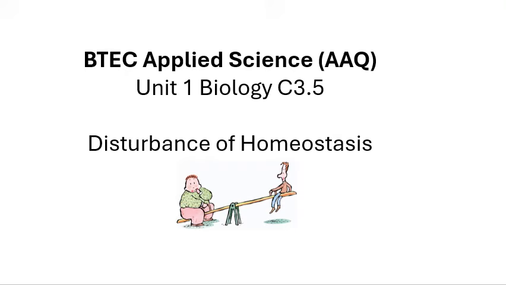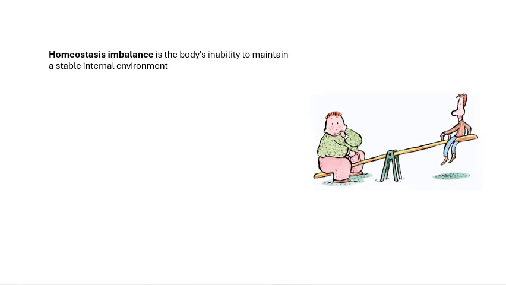BTEC Applied Science for AAQ, and this is another Unit 1 biology video, and this is about disturbance of homeostasis. Now, homeostasis is when we're keeping things the same, like blood pressure and temperature, and the processes in the body which keep them the same, so there's a balance going on.